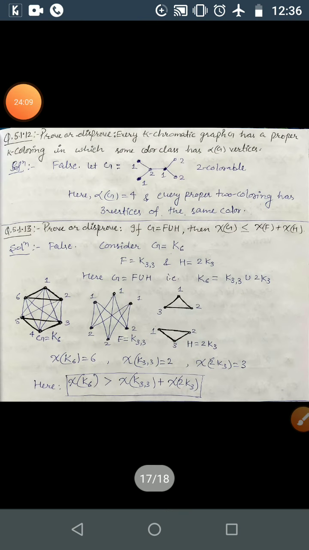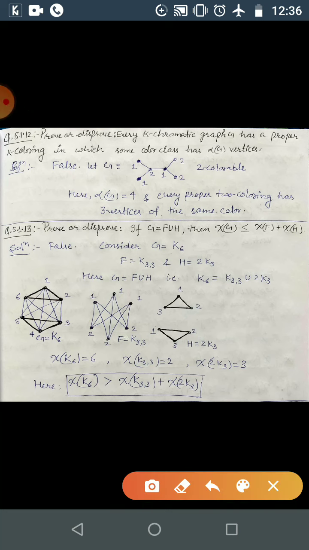Now come to question number 12. Prove or disprove: every k-chromatic graph G has a proper k-coloring in which some color class has alpha(G) number of vertices. For k-chromatic, obviously it has a proper k-coloring.